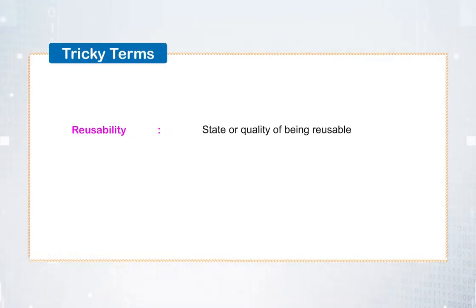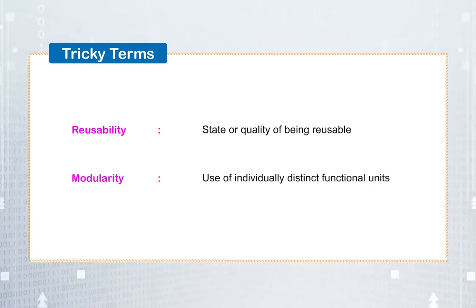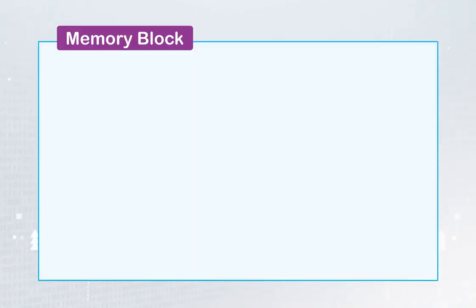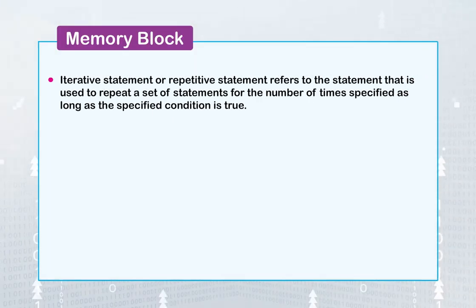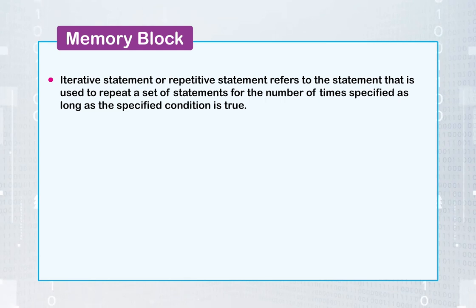Tricky terms. Reusability, state or quality of being reusable. Modularity, use of individually distinct functional units. Loop, iterative statement or repetitive statement refers to the statement that is used to repeat a set of statements for the number of times specified as long as the specified condition is true.